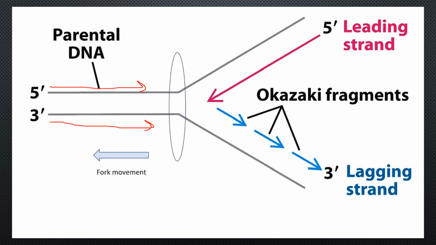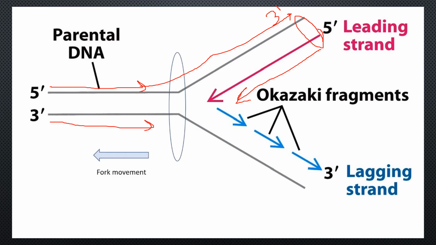So when we're looking at our replication fork, keeping in mind the parental strand is running this way, it will have a 3' end, and our DNA polymerase can come in here and make the complementary DNA in the 5' to 3' direction. And that's our leading strand, so that one replicates a little bit faster.